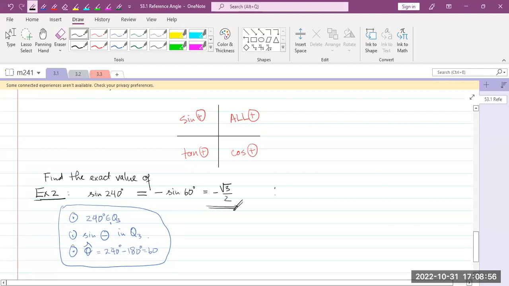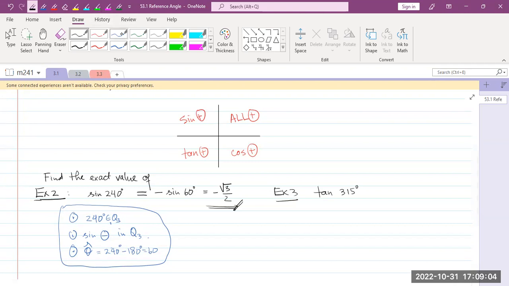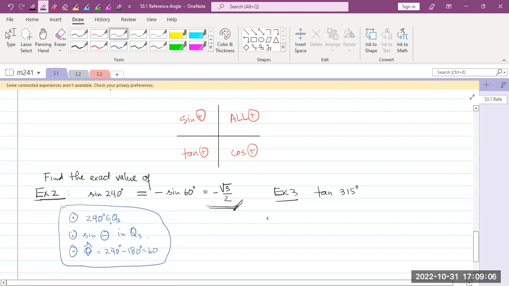Next, example 3. What is tangent 315 degrees? Then first, you need to find out which quadrant 315 degrees is in. It's more than 270 degrees, right? But less than 360. So that's quadrant 4. Now in quadrant 4, tangent is negative.